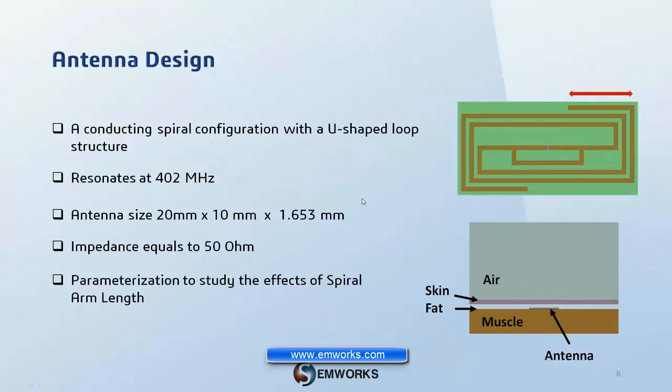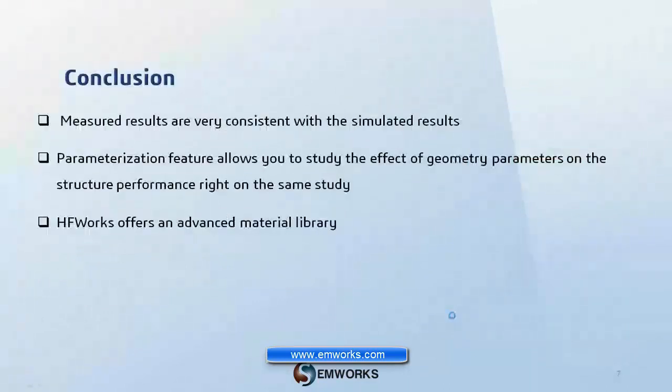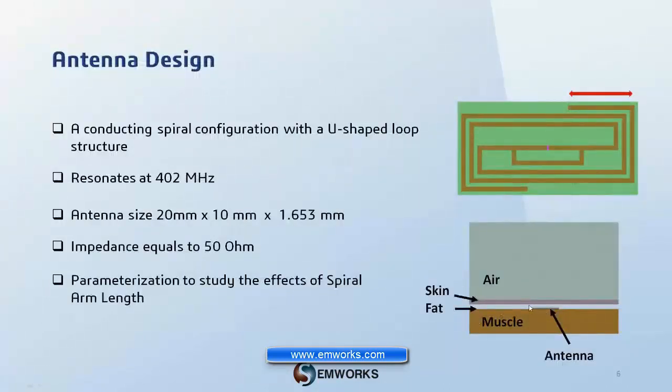And our antenna will be implanted inside the body between the skin layer and the muscle layer, and it is protected by a material, which is called a superstrate, just to protect the human tissue from any arcing or any short circuit.